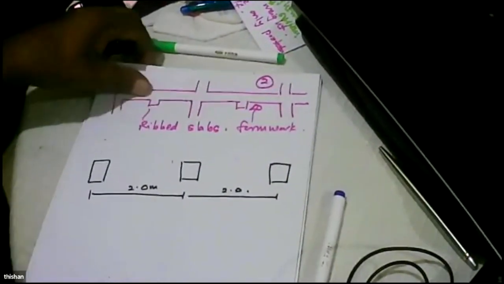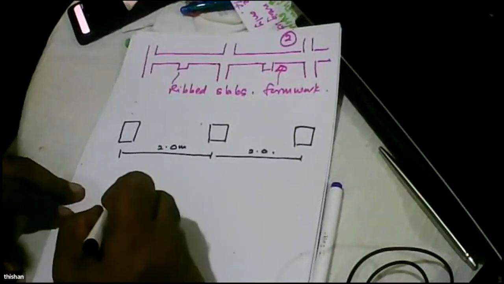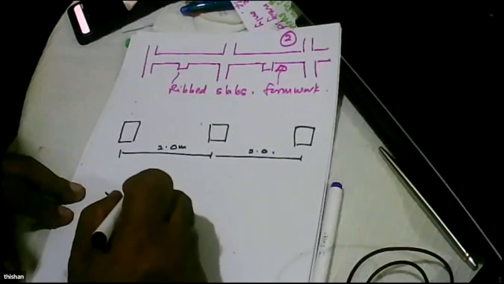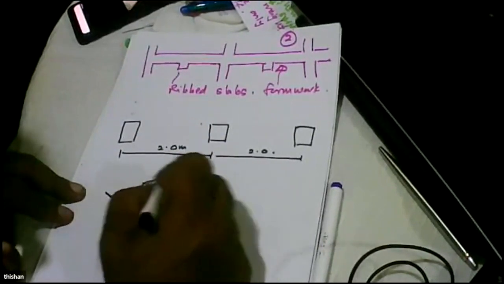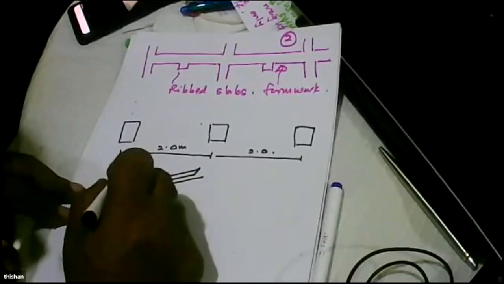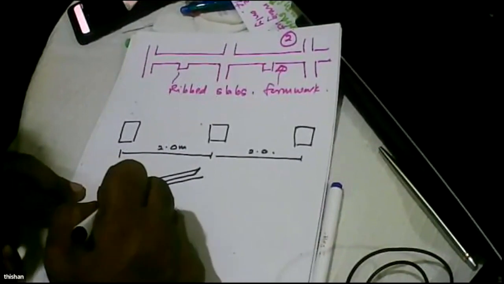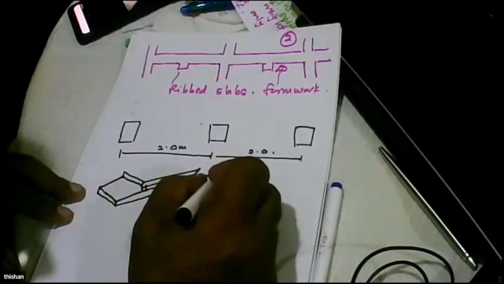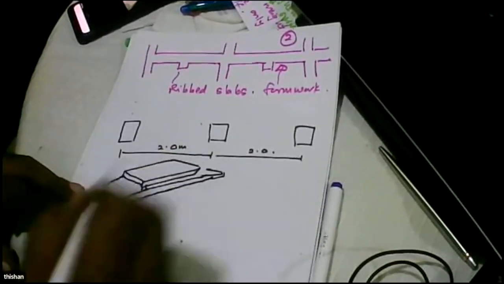The original system, the slabs were like this. In three dimensions, it looks like that.